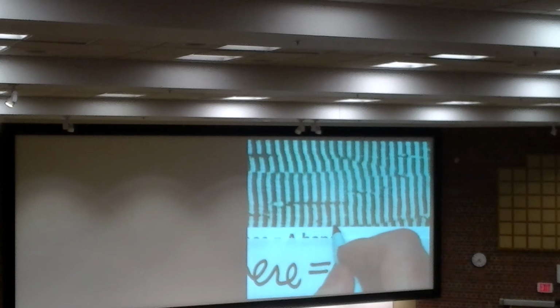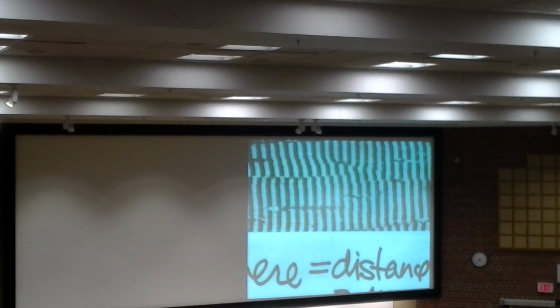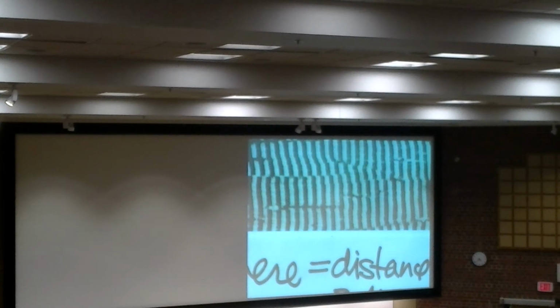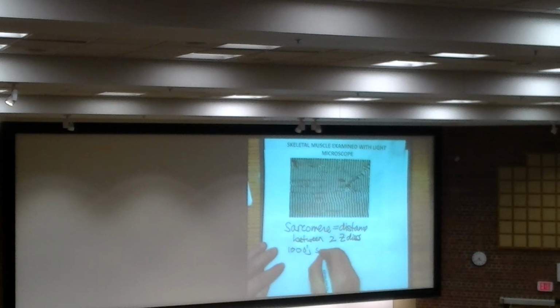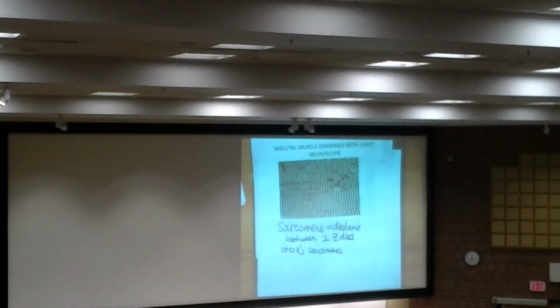There's a Z-disc, and there's a Z-disc, and the distance between them is a sarcomere. And that means also that there are probably thousands of sarcomeres along the length of the cell, along the length of the myofiber. Thousands of them. Now, what if some of these structures that we see, the sarcomere, the A-band, and the I-band, are in some way involved in producing contraction of the muscle?